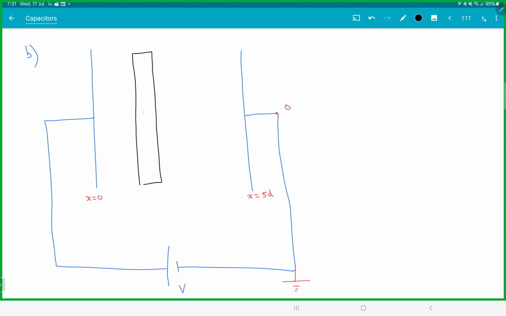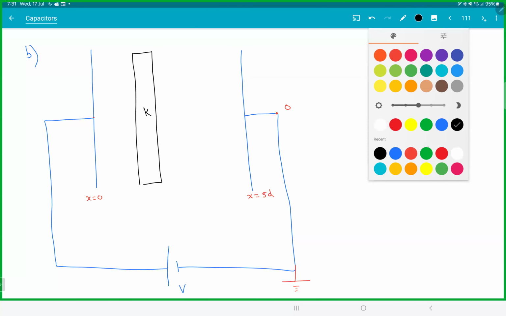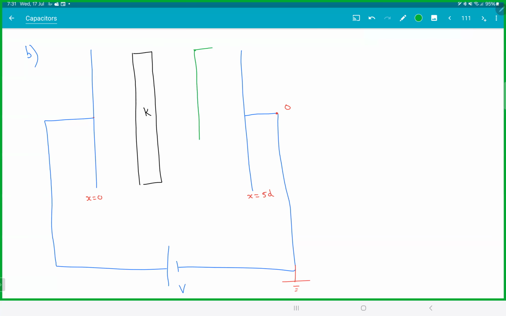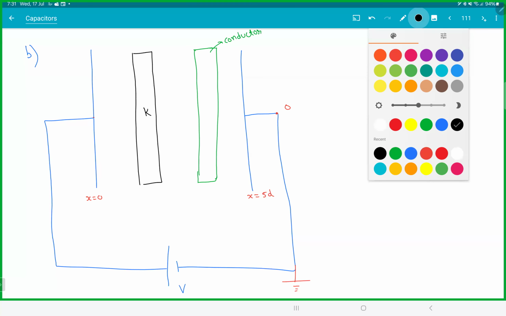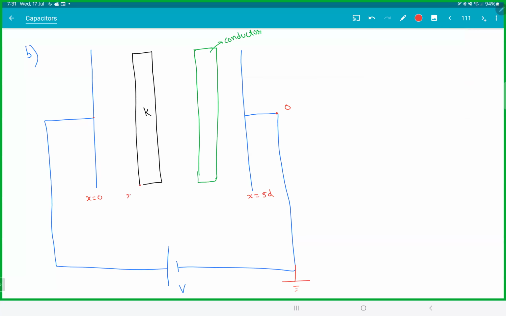Here you kept a dielectric slab K. Somewhere here you kept a conductor. So this is x equals d, x equals 2d, x equals 3d, x equals 4d, and x equals 5d.